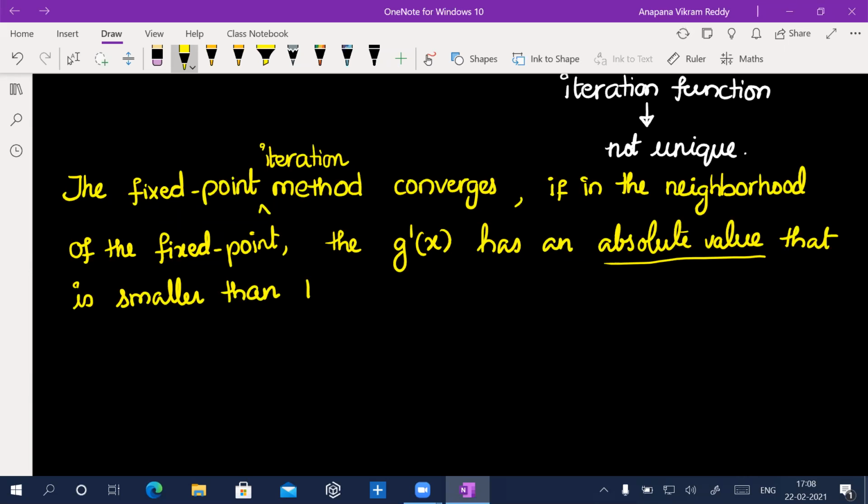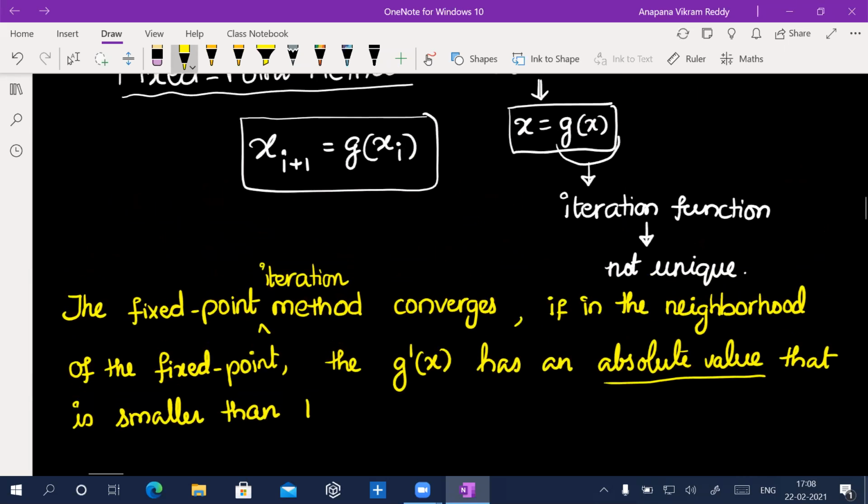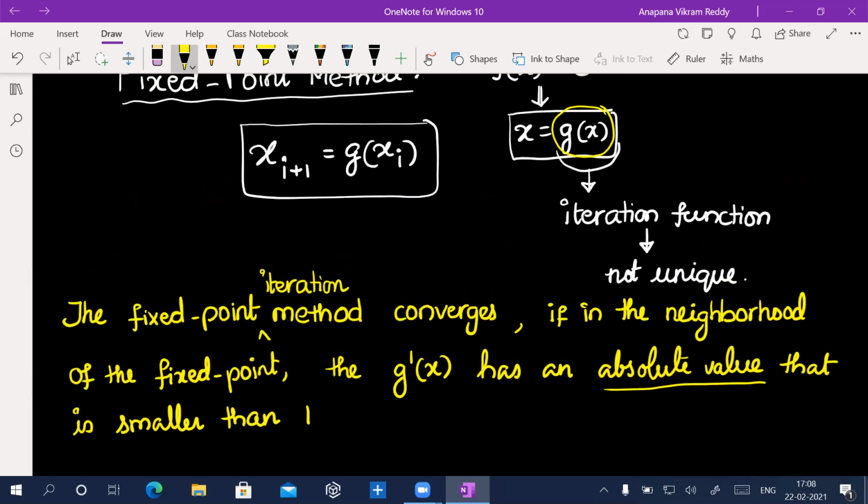So with this you can decide, because you're saying that this g of x is not unique, it has various forms. But which g of x do you have to choose out of the various forms for a single equation, such that the fixed point iteration method converges?